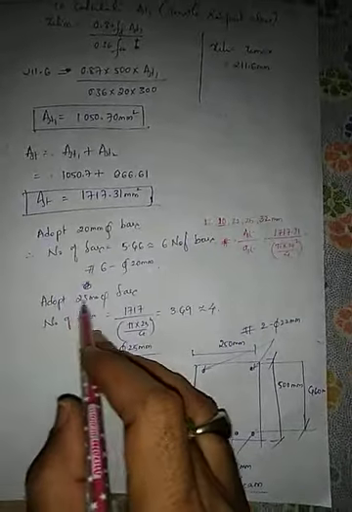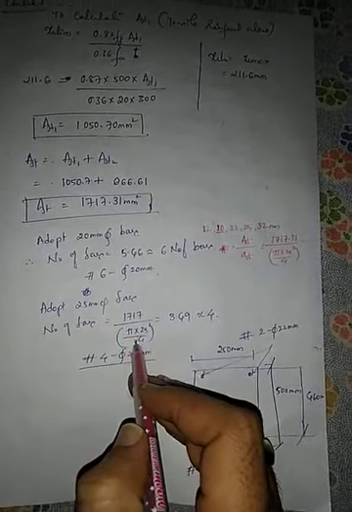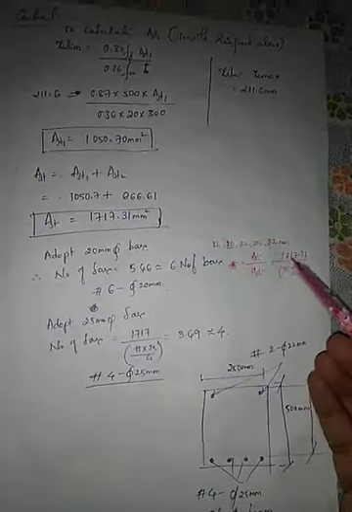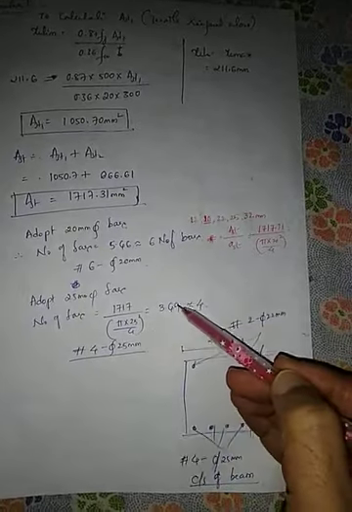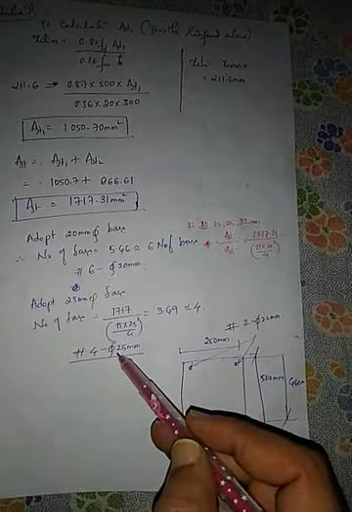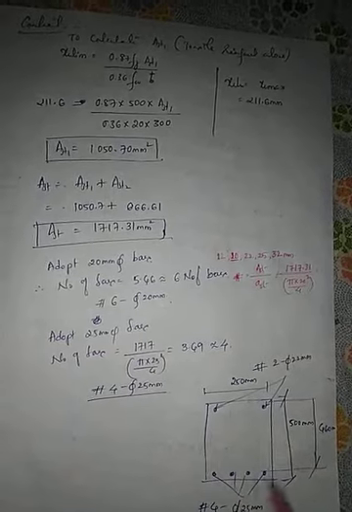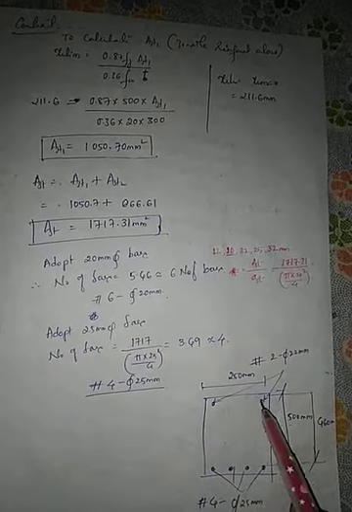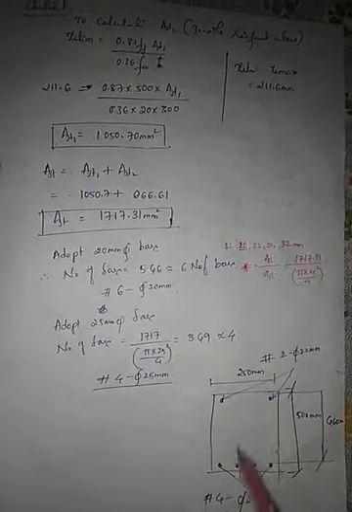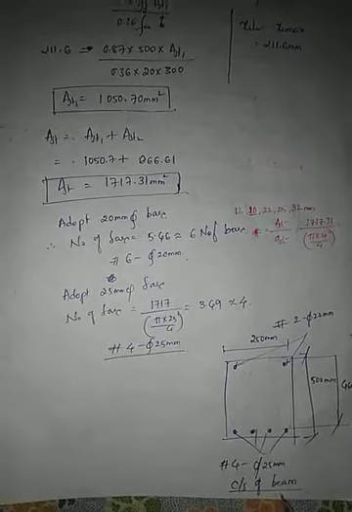Or if you adopt 25 mm bars, number of bars will be calculated like this: 1717 divided by small ast, same, capital AST divided by small ast. You will get 3.49, to be 4. So 4 numbers of dia 25 mm. So with these reinforcements, the whole section is shown like this. This is a cross section. You have to write like this: cross section of the beam.